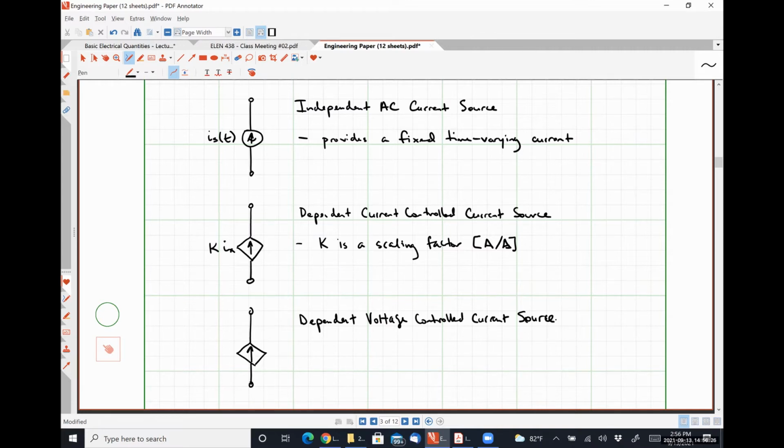And so I'm going to say that the magnitude is lowercase g times Vx. So g is our scaling factor here, having units of amps per volt.